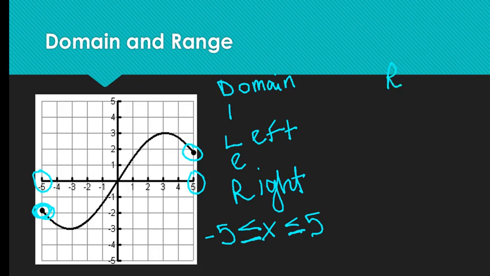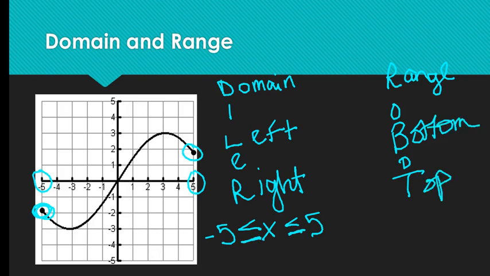Now, if we think about robot, Dialer robot, when we're talking about the range, we go from the bottom to the top. So we need to look and see the lowest point on our graph and the highest point on our graph.